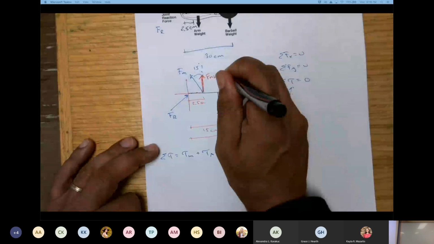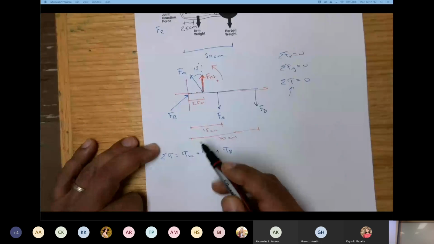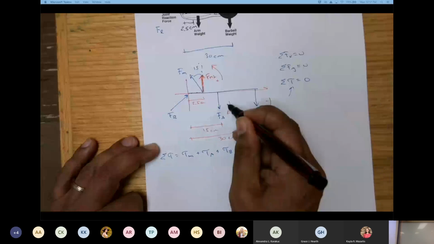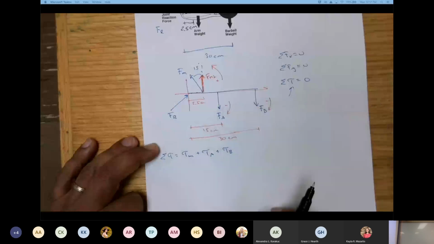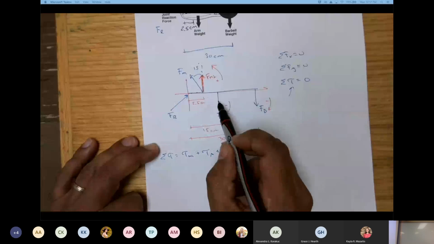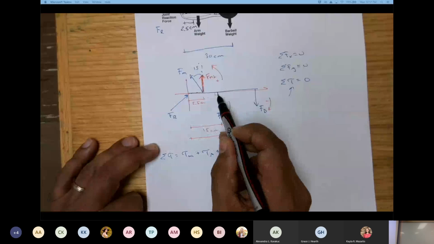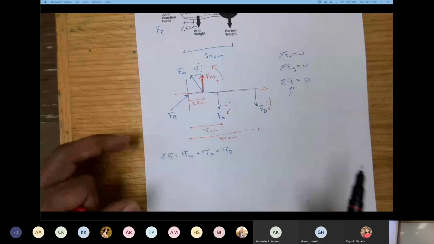The other 2 forces, caused by the weight of the dumbbell and the weight of the arm, are going to rotate the arm clockwise. So these 2 are going to have a negative torque. And also the angle between these forces and the arm is already 90 degrees. So that's something that we'll need to consider later.